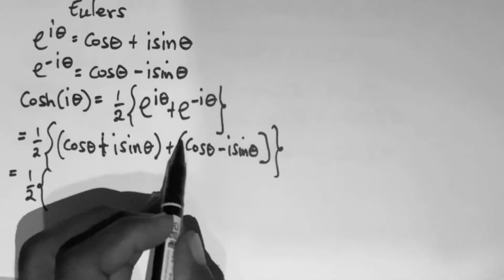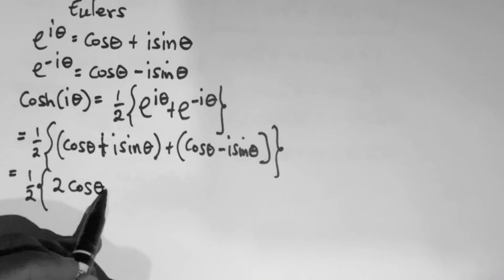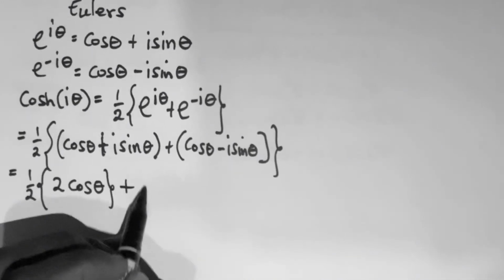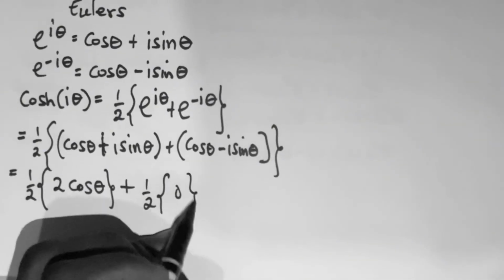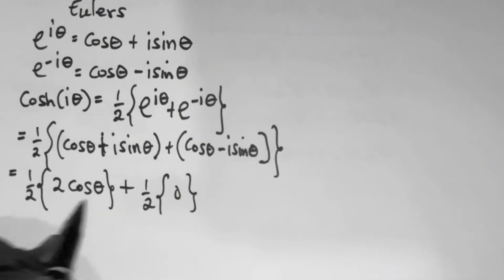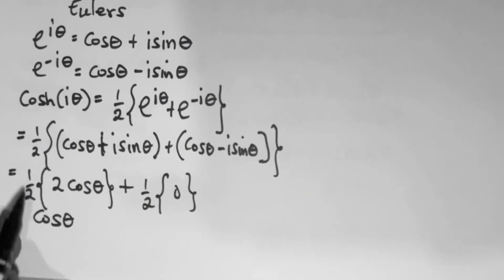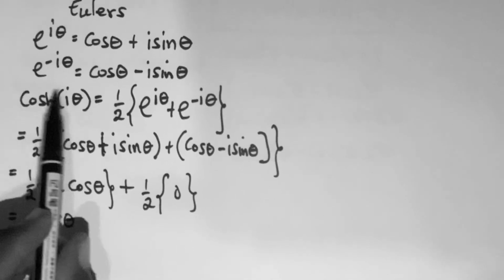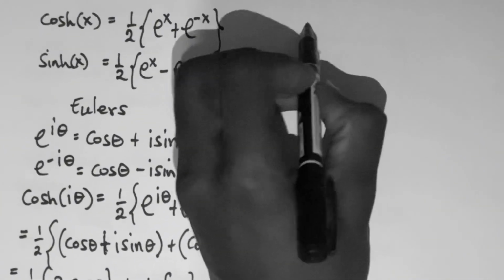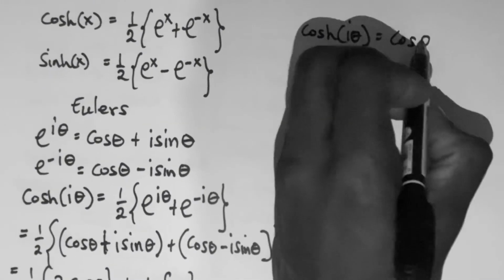Now cos theta plus cos theta becomes 2 cos theta, and then i sine theta minus i sine theta is 0. So this becomes half of 2 cos theta, and that is equal to cos theta. So you see that starting from cosh i theta, we move to cos theta. In other words, cosh i theta is equal to cos theta.